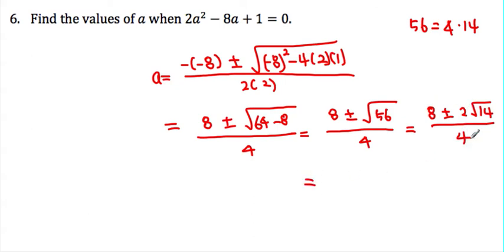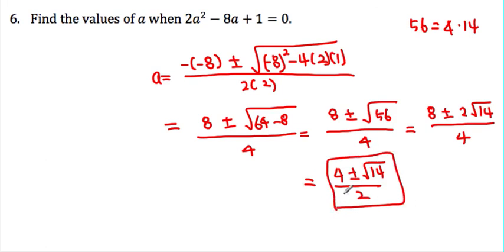Then 2 cancels out from all 3 terms, then we end up getting 4 plus or minus square root of 14 over 2. And that becomes our answer.